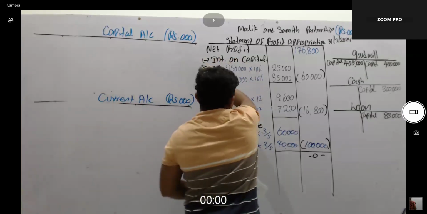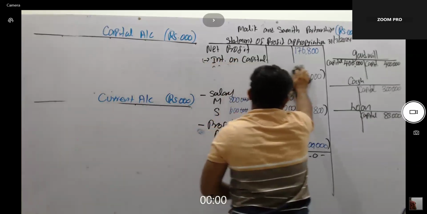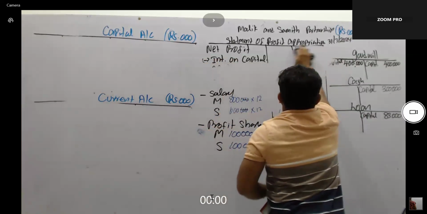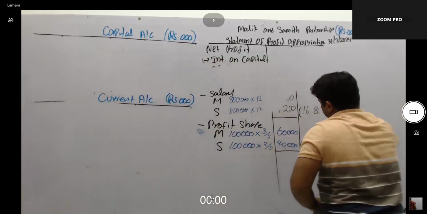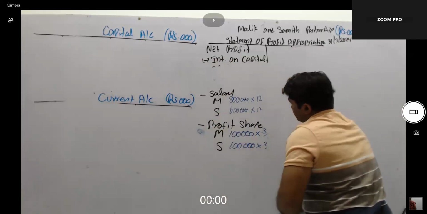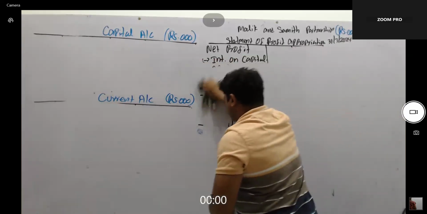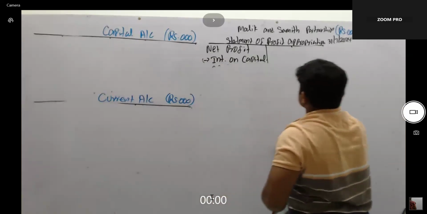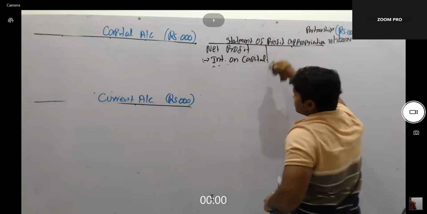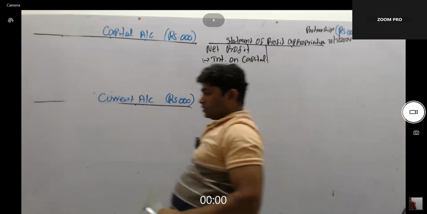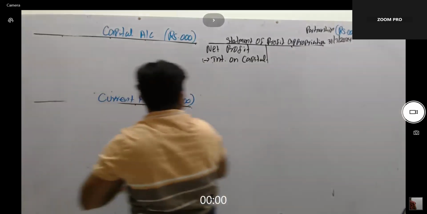The interest on capital, salary, and profit share are relevant for 3 partners. All 3 partners were available during the current period. Therefore, all 3 partners' names should be recorded.